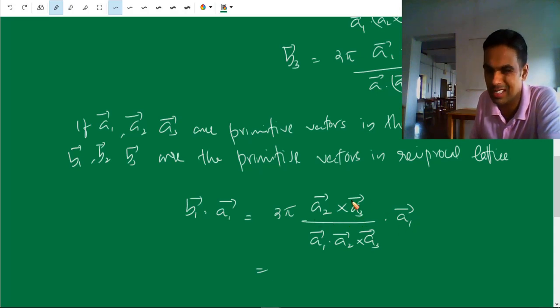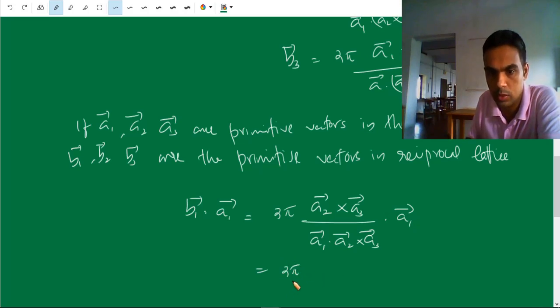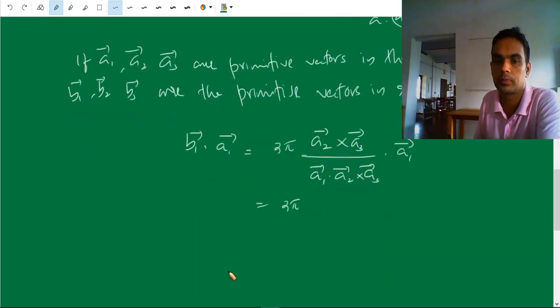This is cyclic, so this is the box product of A1, A2, A3. So the numerator also is equal to A1, A2, A3 because this is cyclic 2, 3, 1. Therefore B1 dot A1 is equal to 2 pi.